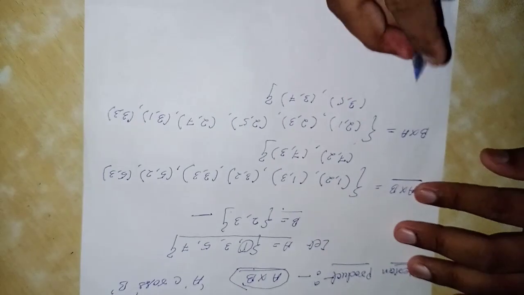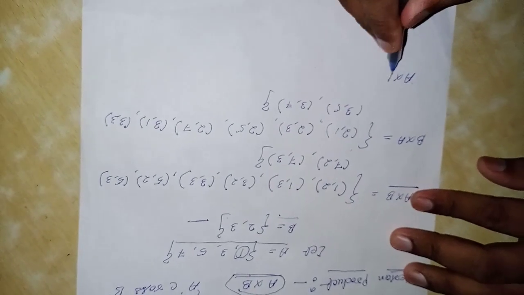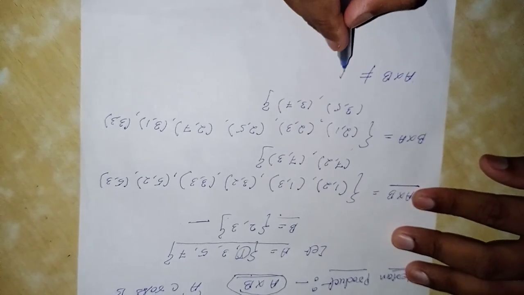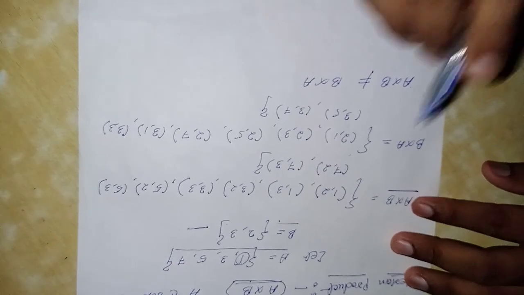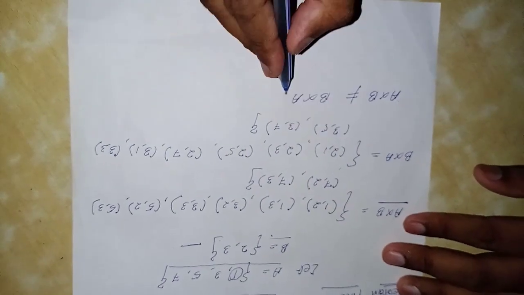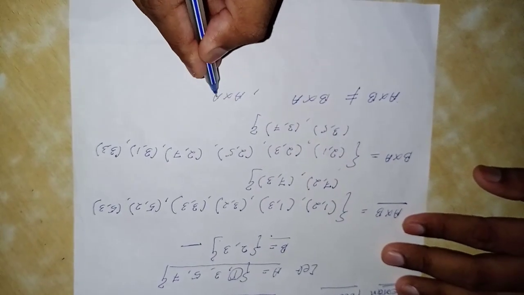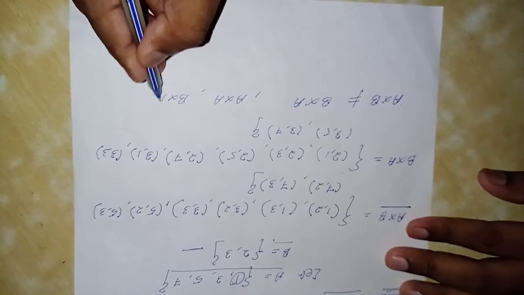What we see here is that A cross B is never equal to B cross A. In this way we can also find A cross A, B cross B.